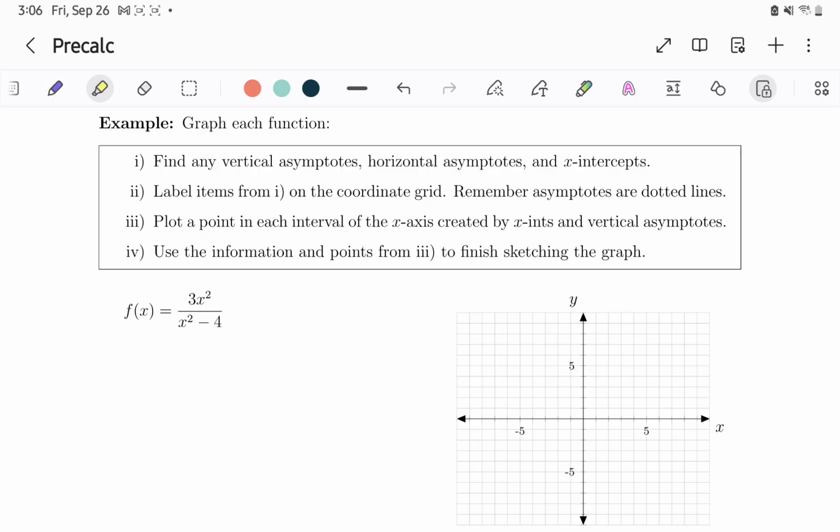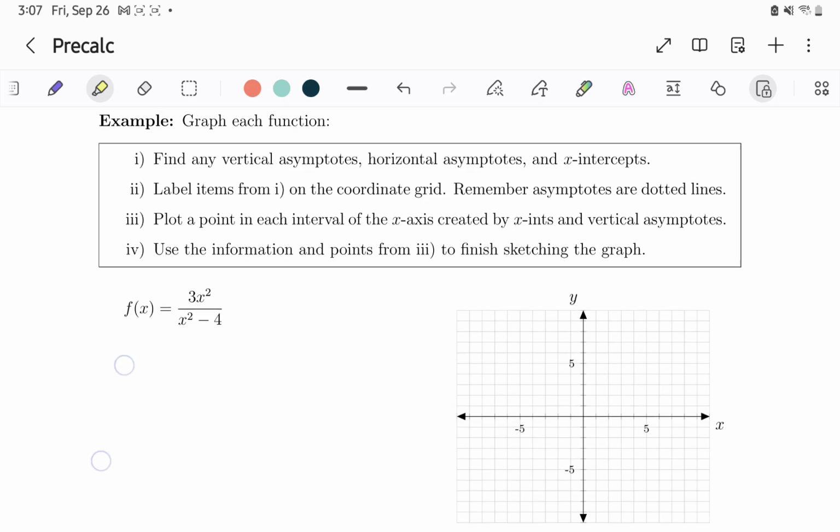The x-intercepts and the vertical asymptotes are going to partition the x-axis, and we just want to find points on either side of a vertical asymptote or an x-intercept. That way we have a few other points plotted that the graph of our rational function will pass through. And then we want to use the information and points from step 3 to finish sketching our graph by connecting those points in a smooth fashion and extending them so that they approach the vertical and horizontal asymptotes.